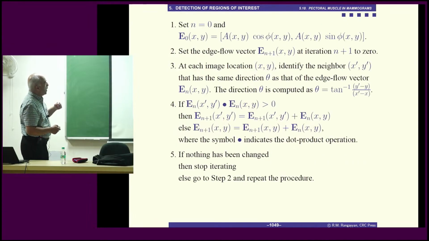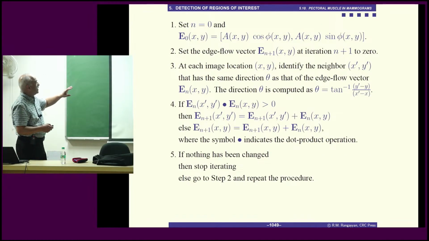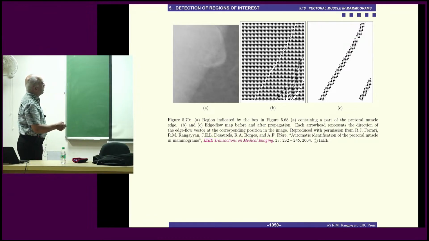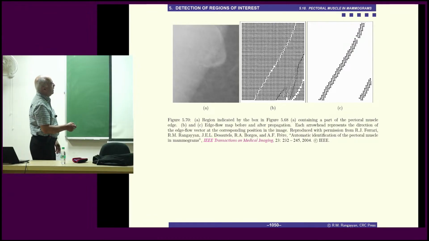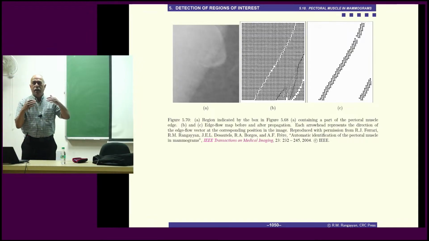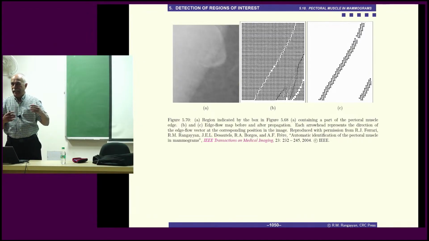So there is a phase propagation algorithm. I won't go through this. You can read this later on. But instead, let me show here. This is the pectoral muscle edge, and you have these vectors indicating the direction of what he called phase propagation, the phase of these outputs of the Gabor filters combined as vectors.